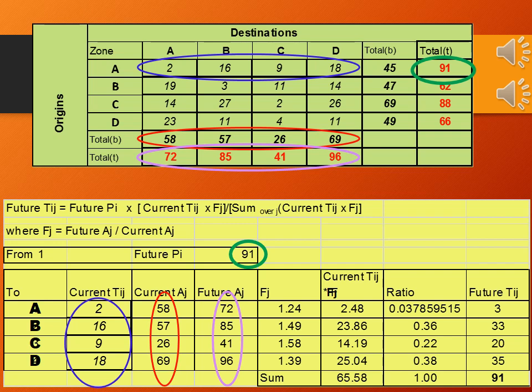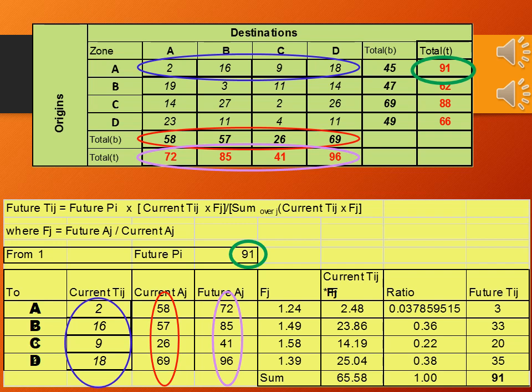This information is here in the yellow zone. We have achieved this factor of 1.24, so we take Tij, which is the destination trips from A to A, and 2 multiplied by 1.24 then gives us a new value of current Tij multiplied by Fij, which is the factor created from the base destination totals and future destination totals multiplied by the trips from A to A. So we get this relationship now that exists between zone A and its base and future totals in the destination direction.